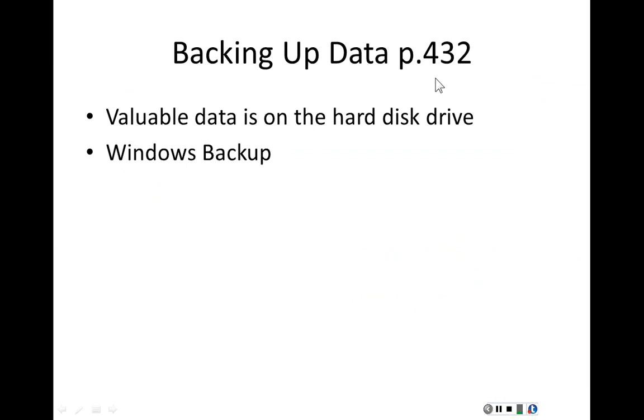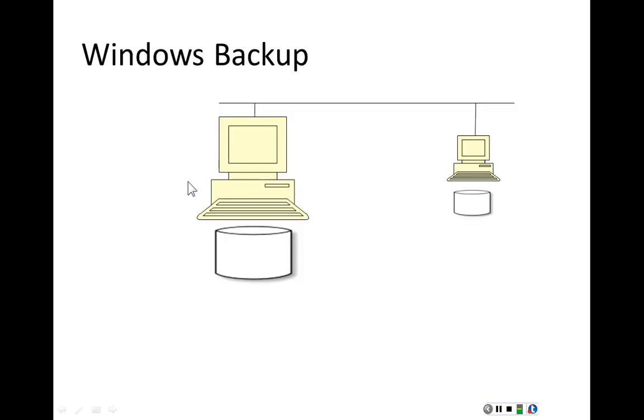Now let's look at performing backups. Everybody knows what a backup is. We have valuable data on the hard drive, and it should be backed up, so you can use Windows Backup. Windows Backup runs on a server, and it backs up the hard disk.